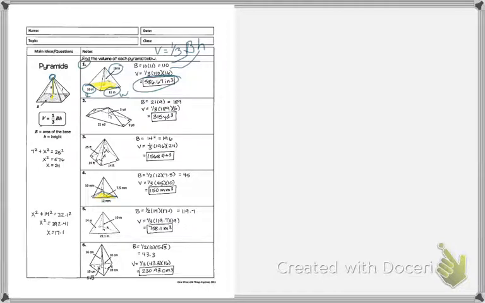Well, from this point to here, this is the height of the triangle. This is the base of the triangle. So these two will be used to find the area of the triangle, which then gets put into our big equation, and we're done.